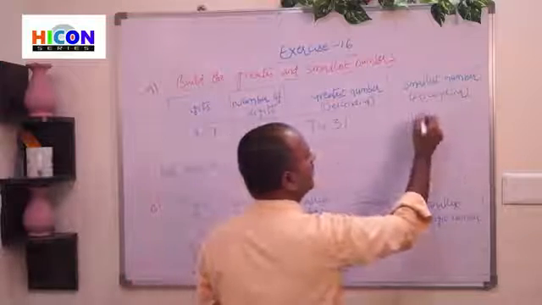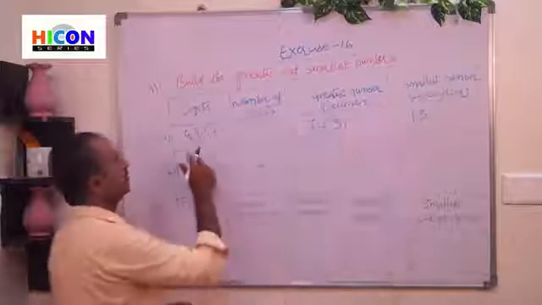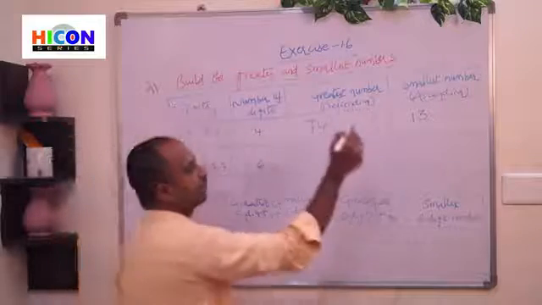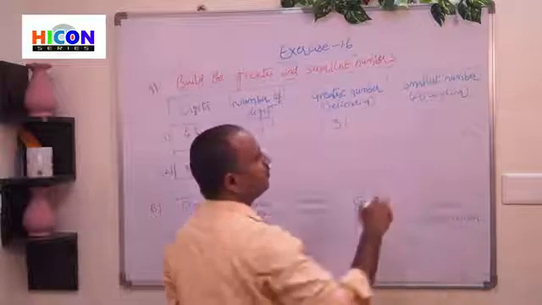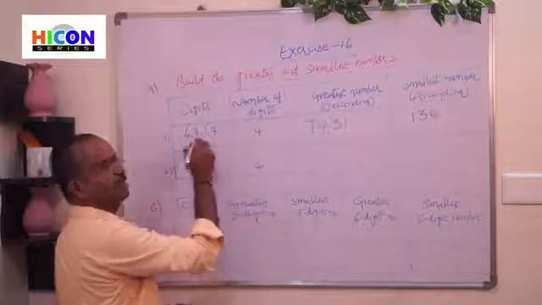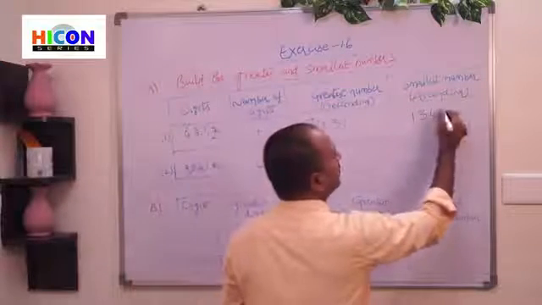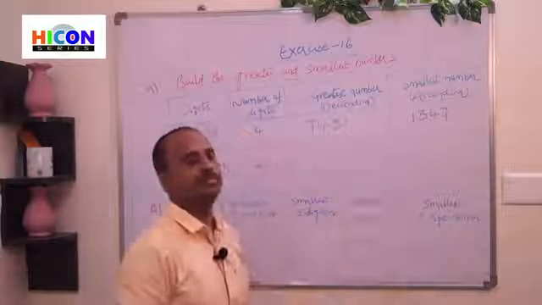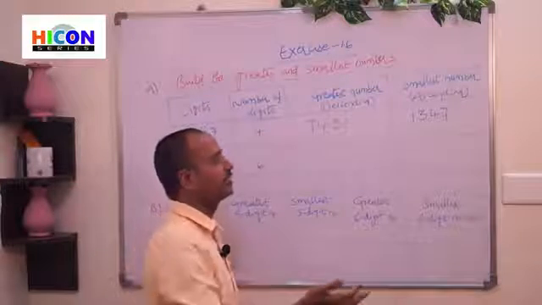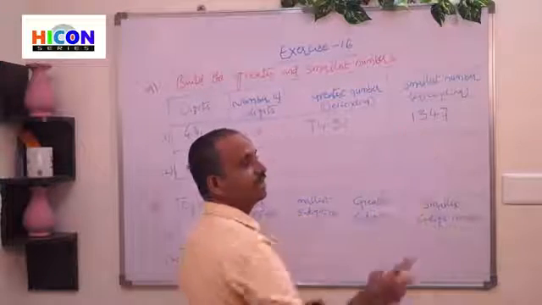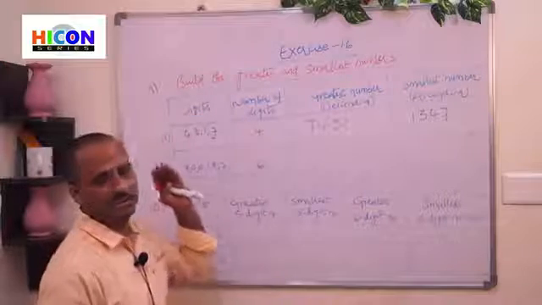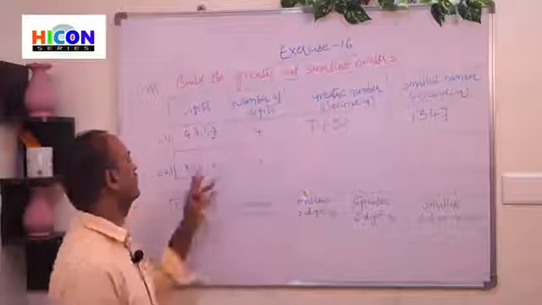So write 3 after 1. Among 4 and 7, 4 is the smallest. So write 4 after 3. And 7 is remaining, so write the remaining digit in the last. So children, that is the smallest 4-digit number, 1347. In this way, we can write the greatest number and smallest number with the given digits.